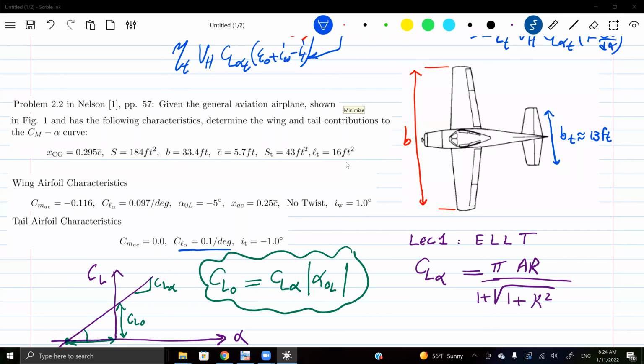I'm a little confused. Is there a given ratio of span to span tail? No. There is no given ratio, but the drawing is given. This 3D drawing is given, and it is to scale.